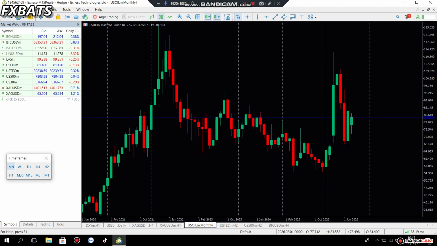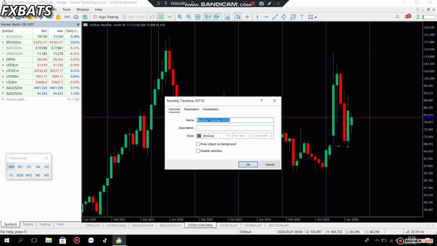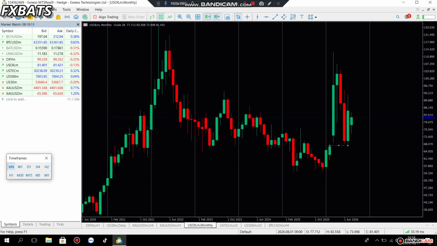According to what I see, here is the most recent candle and the previous candle close. What happened? We reacted off of this monthly order block. So this means the previous monthly candle is a respect candle.